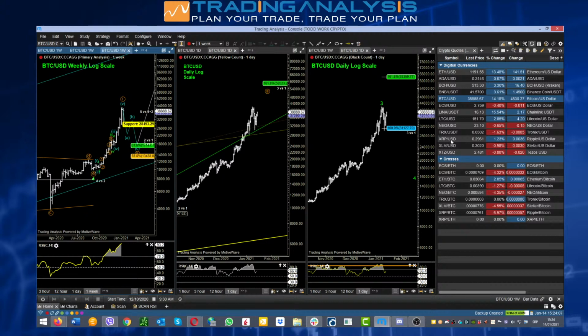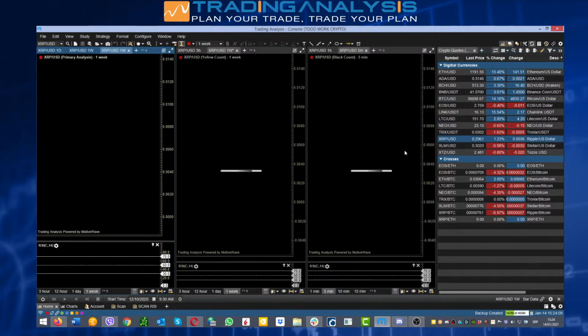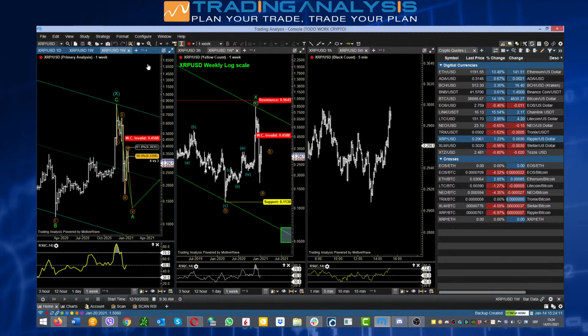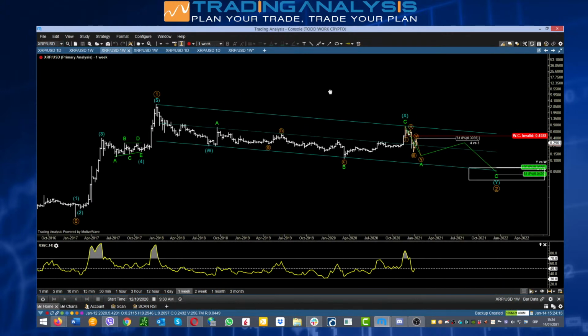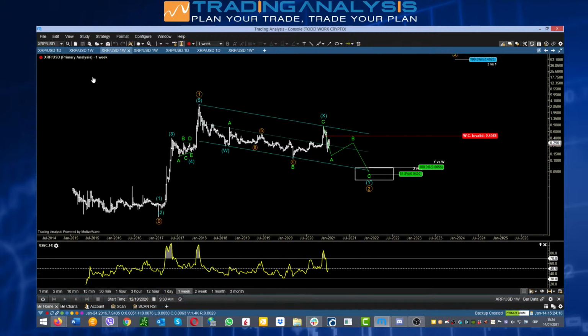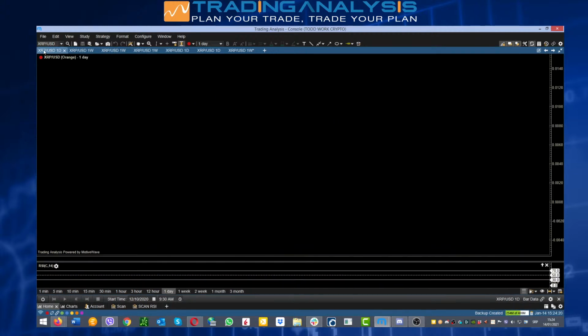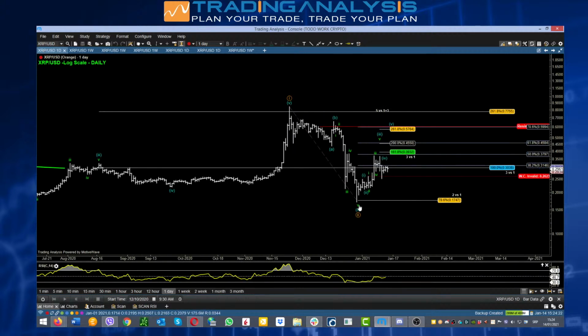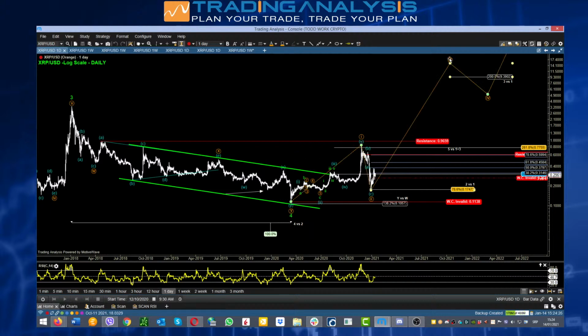One of the wave counts which many people ask about is this wave count on Ripple. I'm not looking to be very bullish on Ripple. I also have the bullish wave count, which says that this was a wave 2 and we should develop some bullish price action on the upside and continue.